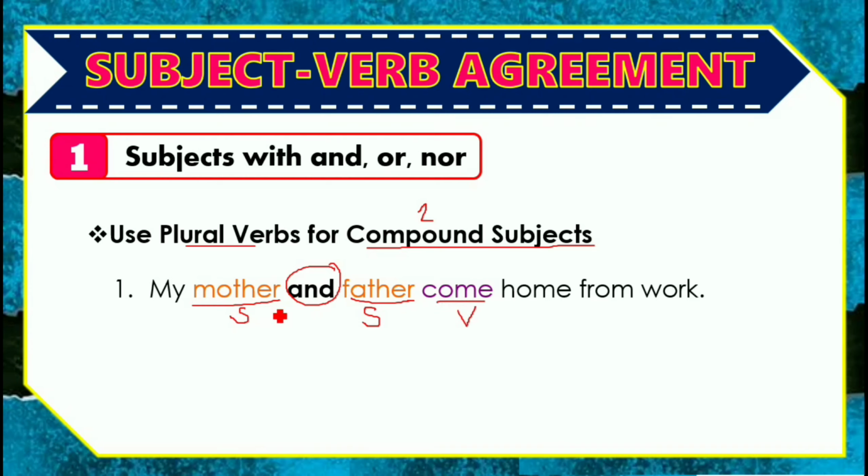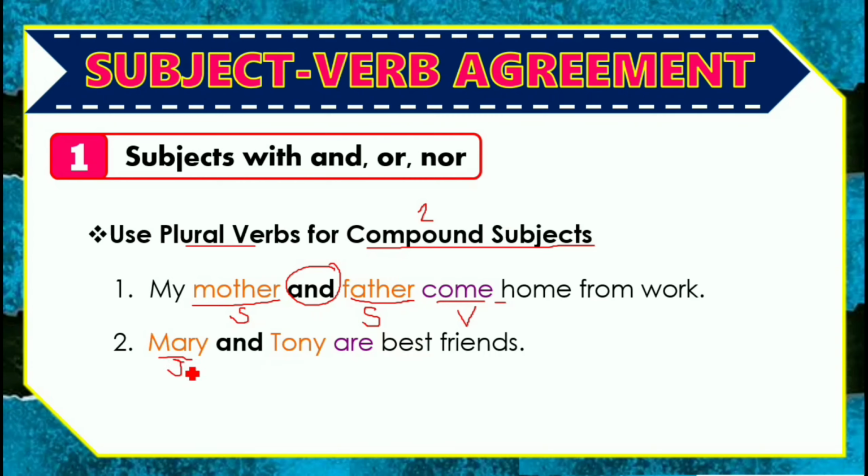Since we have two subjects, we did not add an S to our verb to make it plural. Another example is Mary and Tony are best friends. Subject Mary, another subject is Tony, connected by the word and. Our verb is are. So are is the plural of is.